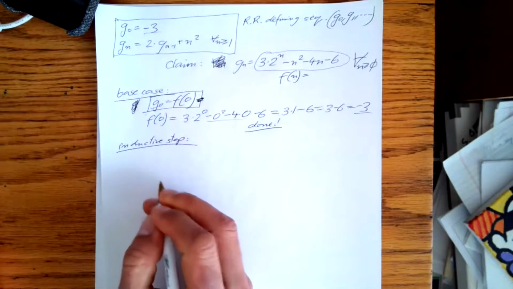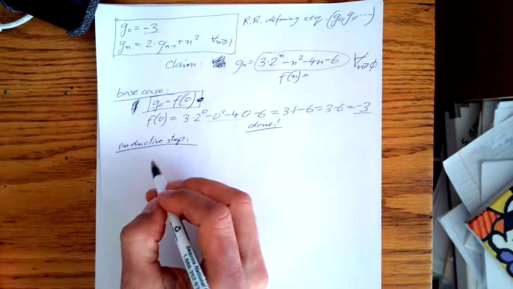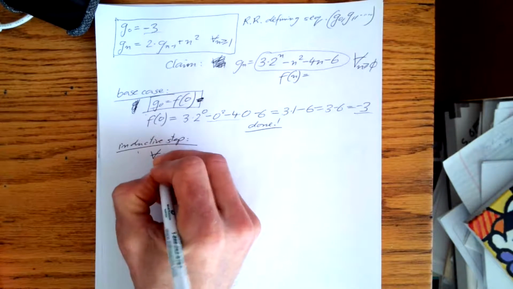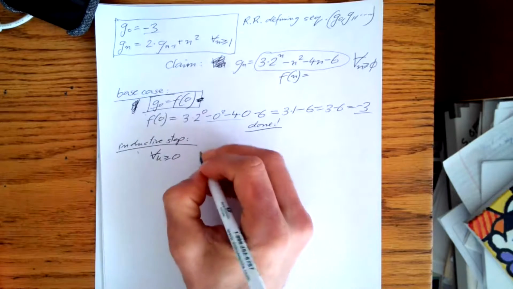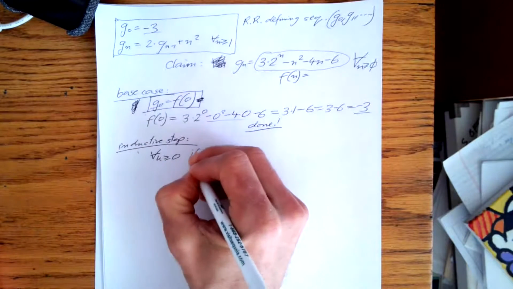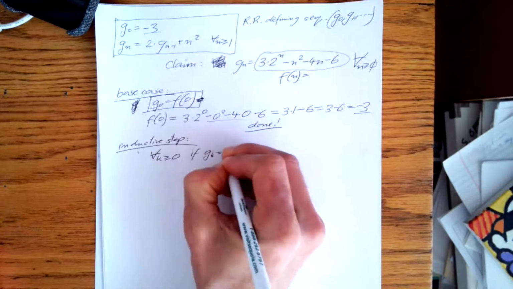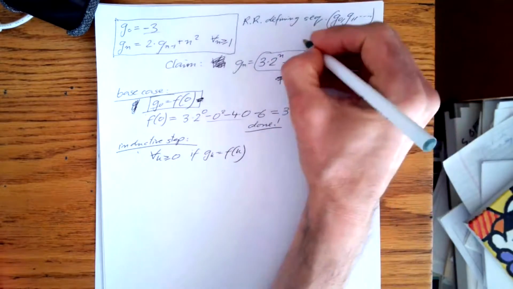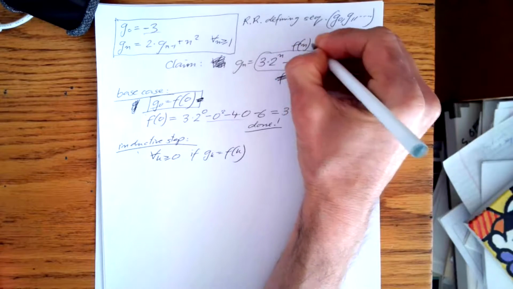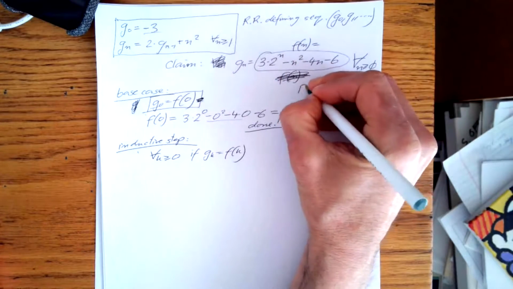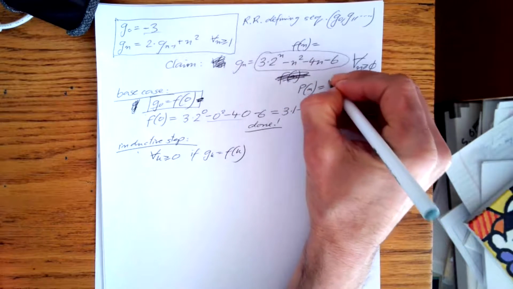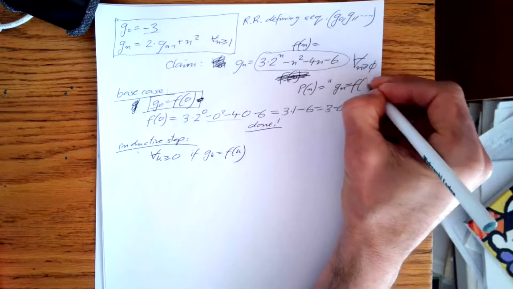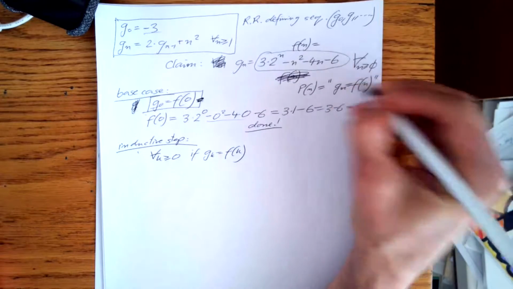Inductive step. What are we showing? We need to show that for every k greater or equal to 0, if Gk is equal to f of k, then... So what's the predicate here? The predicate is P of n: the nth element in the sequence is equal to the f function at argument n.